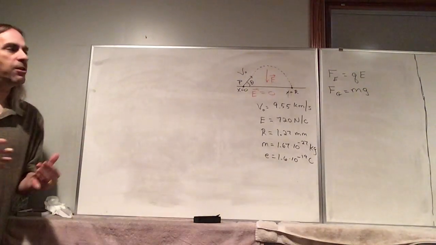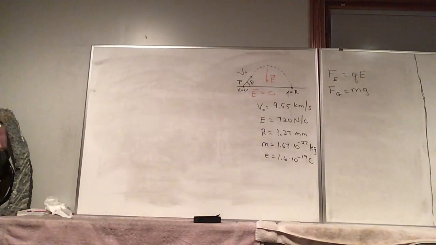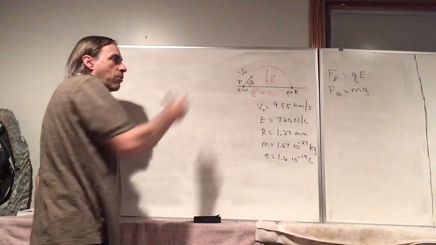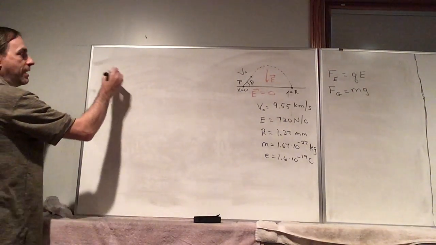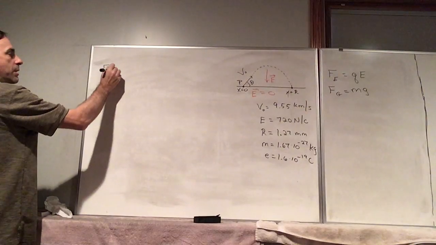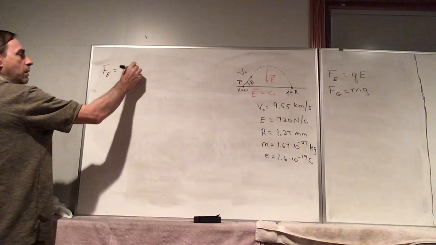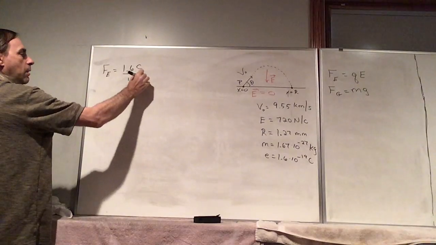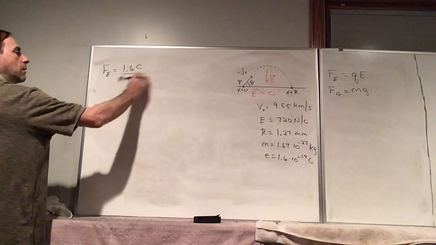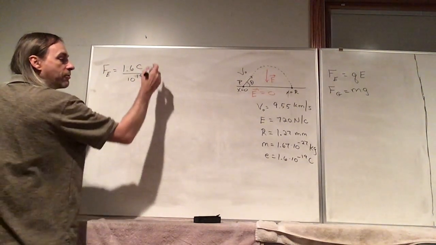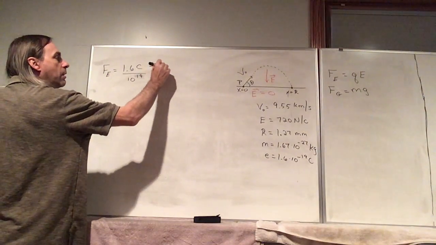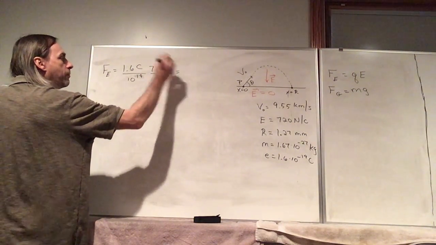Let's calculate these magnitudes in advance, because they're both pointing in the same direction. That'll actually make our lives a little bit easier. The electric force is QE. The charge on a proton is just the elementary charge e, 1.6 times 10 to the minus 19th coulombs, and the electric field is 720 newtons per coulomb.